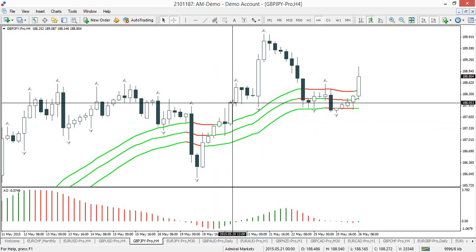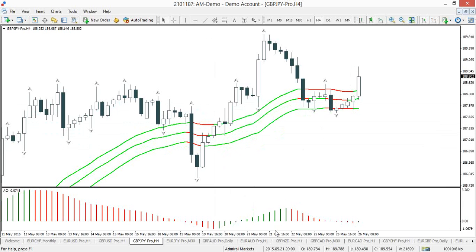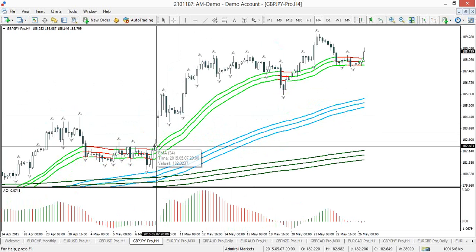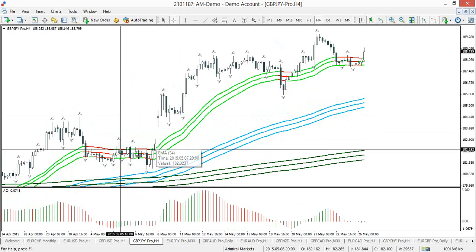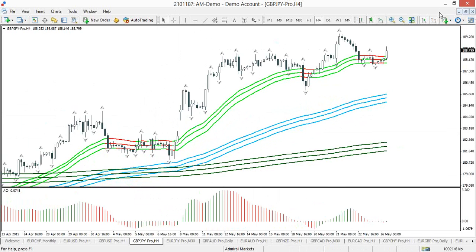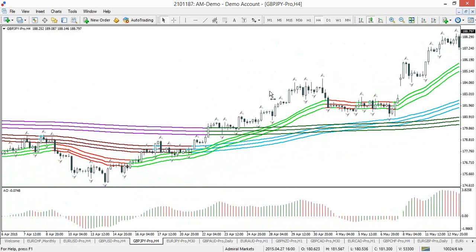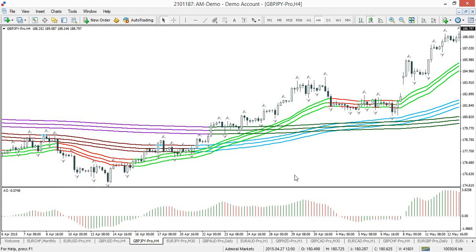Here was a candle close above that band. That could be a with-the-trend setup, or here as well. Here we didn't have closes. He had a close to the downside.